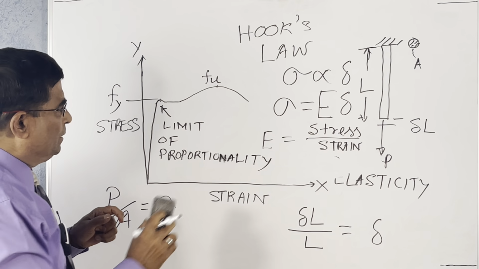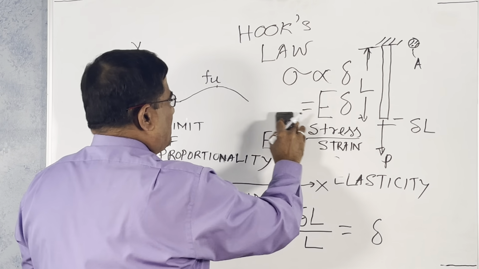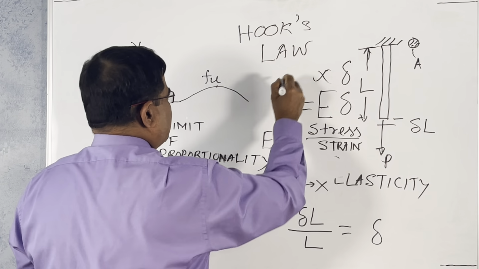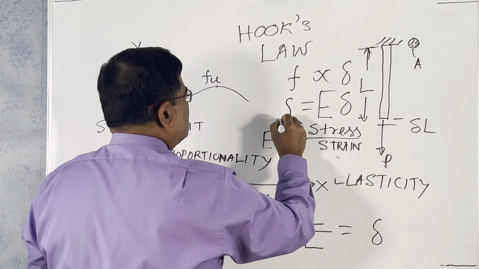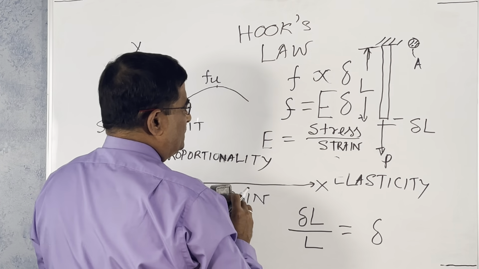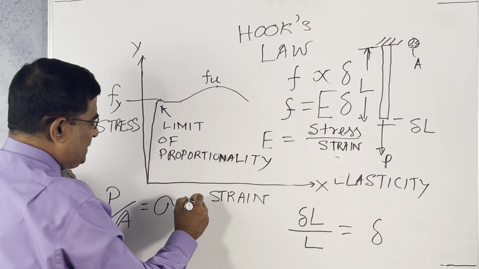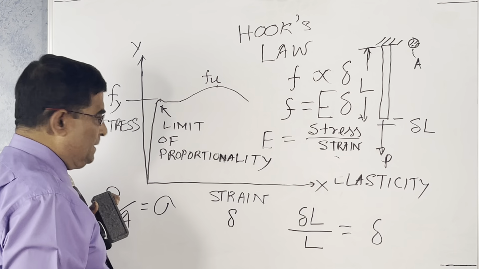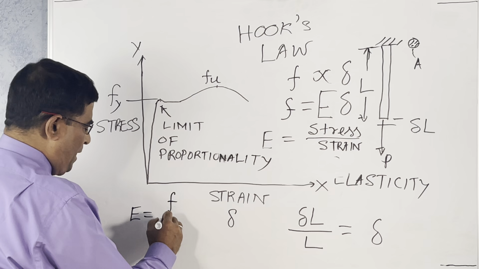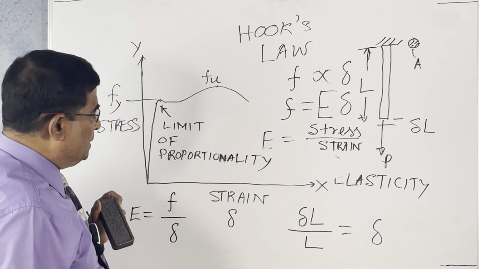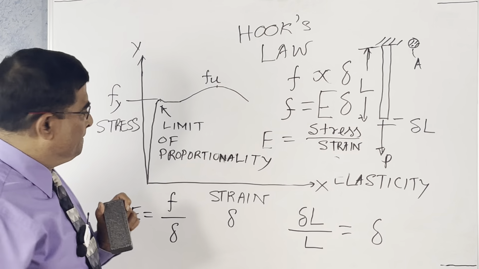F is stress. Actually, instead of sigma, we can say F for stress. If sigma is stress, strain is delta. Up to this point, the limit of proportionality, stress is proportional to strain. So that means E equals stress divided by strain.